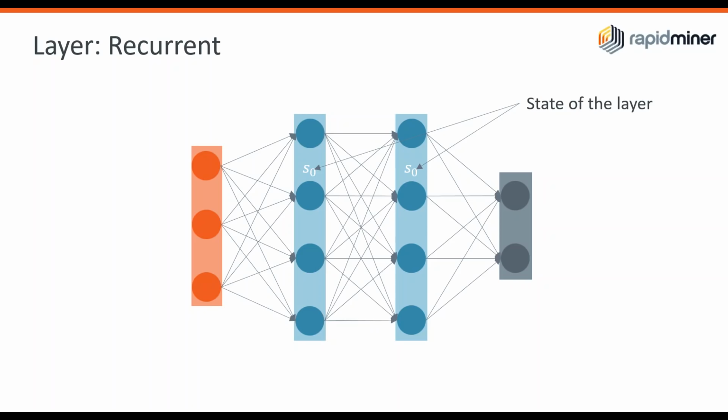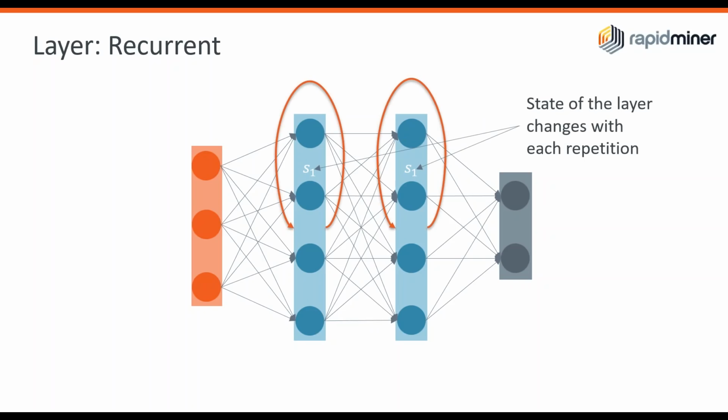For example, if you have a sentence that consists of multiple words and you are analyzing these words, then feeding in one sentence as one data point, you would have multiple words per sentence, so you would need to deal with that. One word would be one state that is changed. The trick here is that the output of one layer can be fed back into the same layer again while changing the state.